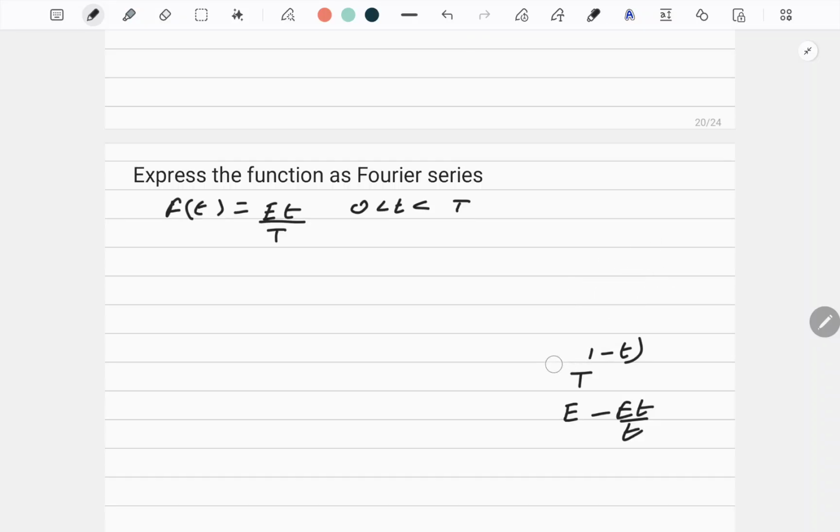So I can't find out whether the function is an even function or an odd function. So I have to calculate all the terms. Let us start with all the terms.